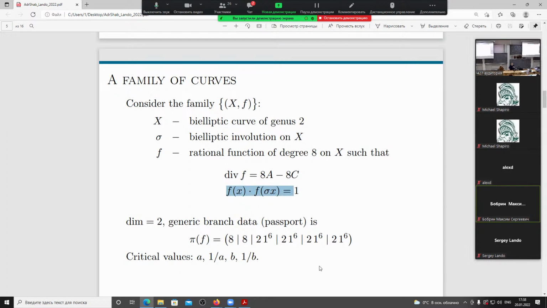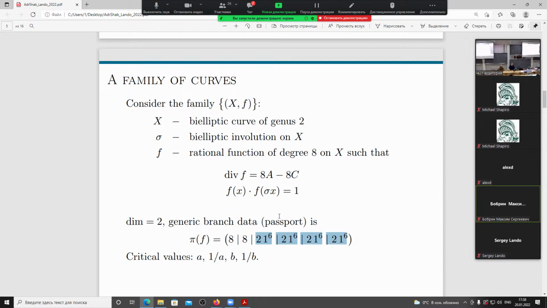So in the most general case, we fix zeros and poles of this function. So we have this function branched over 0 with degree 8, over infinity with degree 8, and we have at most 4 more branching points, and the most generic branch data has Morse branching, simple branching over 4 points.